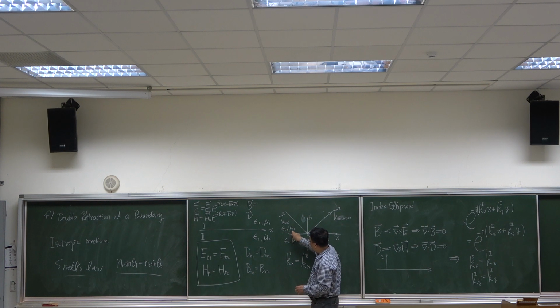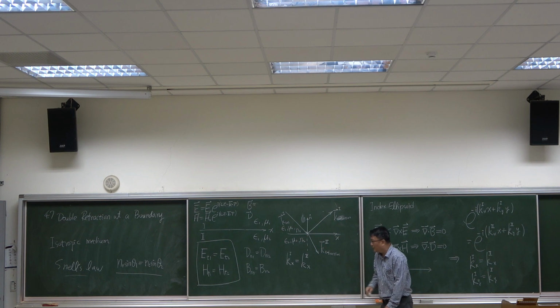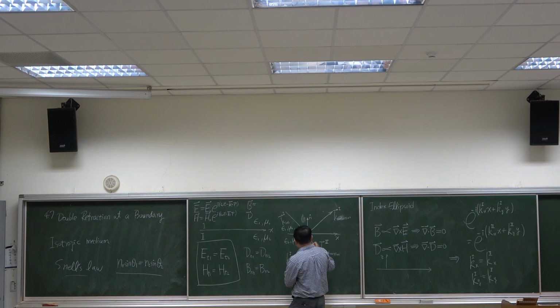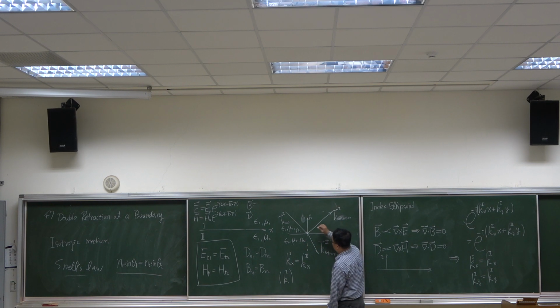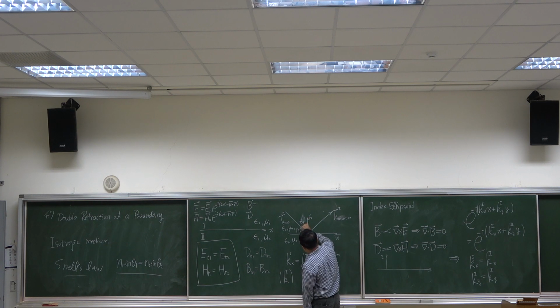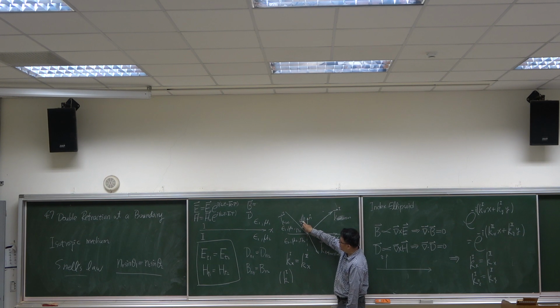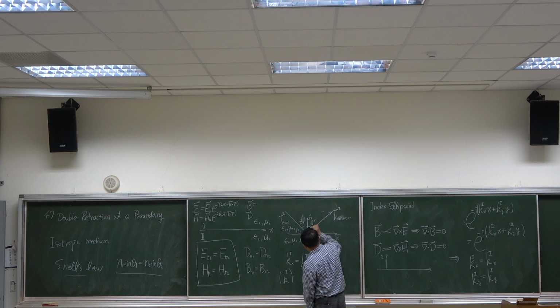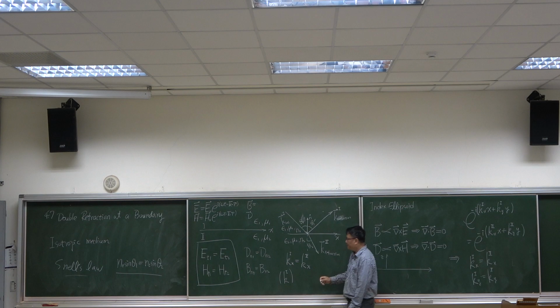And epsilon1, mu1 give us refracting index n1, and epsilon2, mu2 give us refracting index n2. This means that the magnitude of K1 times... the angle of incidence is θ1, and angle of refraction is θ2. And here we have θ1 prime.